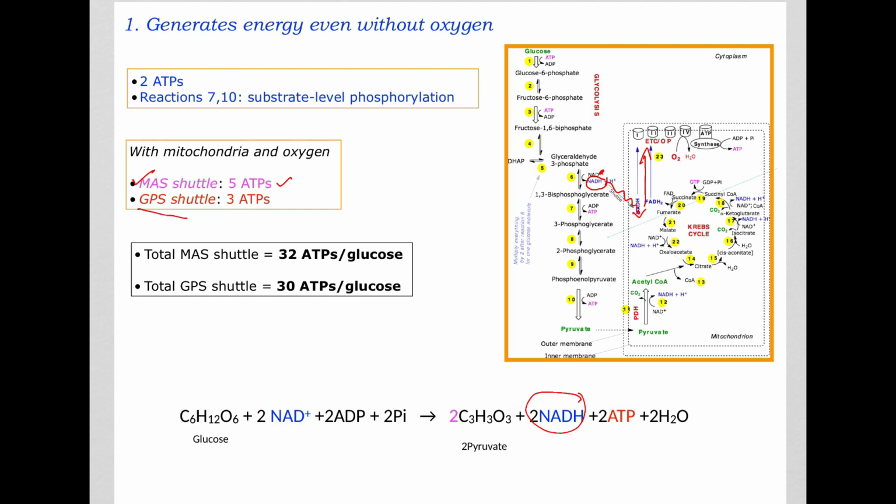And if the cell uses the GPS shuttle, then we can get 3 ATPs per glucose. So that's probably one of the most important strengths of glycolysis: it provides energy to the cell, provides ATP to the cell, even without oxygen present.